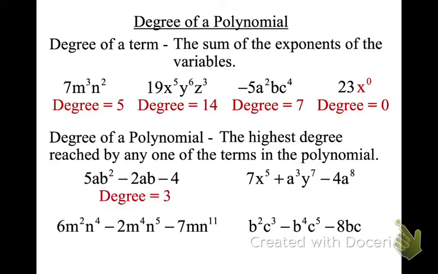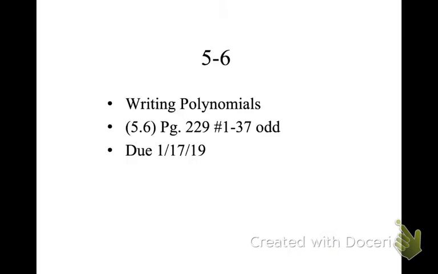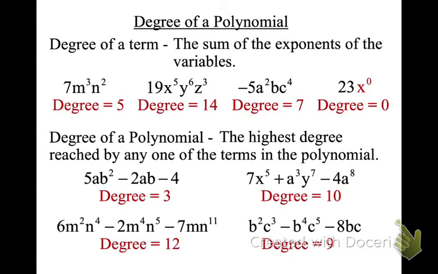So we're going to, again, I'll go to the one right below it because that's the direction. This is 6, this is 9, and this is 12. So this is a 12-degree polynomial. Okay, try the next two on your own. Okay, let's check that work. And that is our lesson.